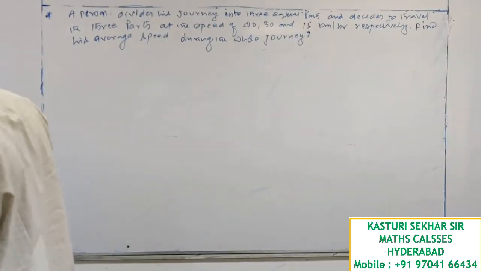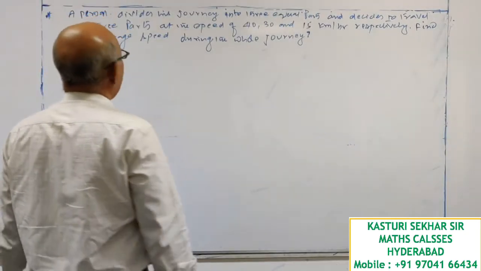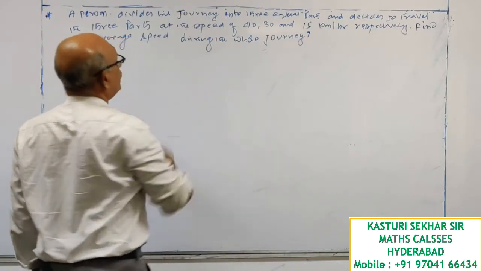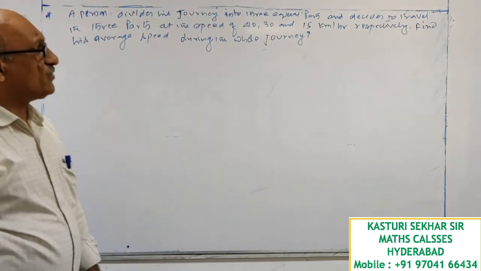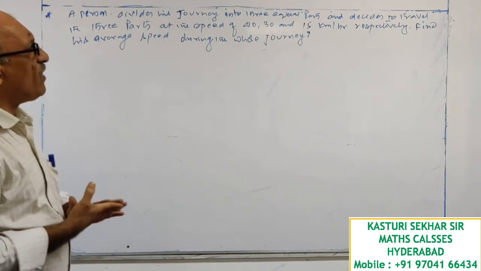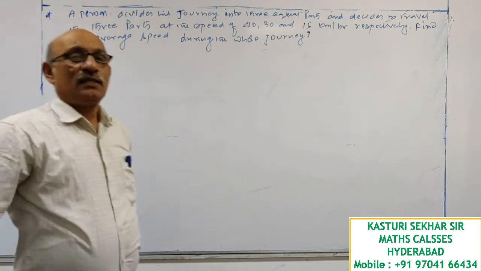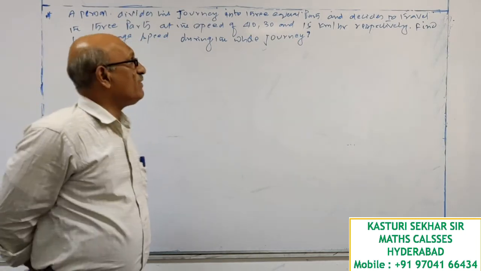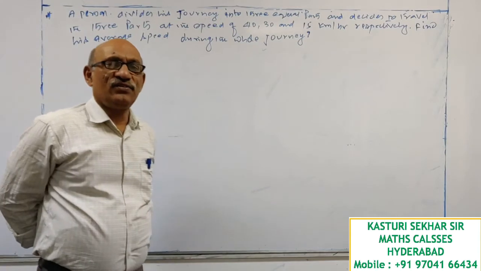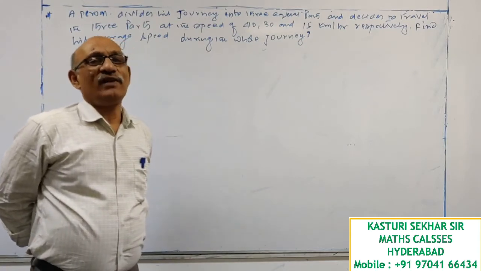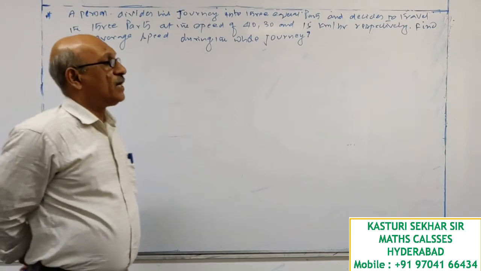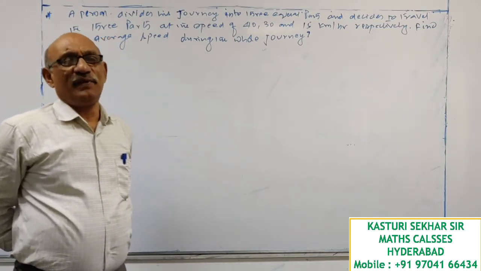Now look at this, what is given in the question. A person divides his journey into 3 equal parts and decides to travel the 3 parts at the speed of 40 kilometers per hour, 30 kilometers per hour and 15 kilometers per hour respectively. It means equal distance is covered by him with unequal speeds. He covered equal distance with unequal speeds.